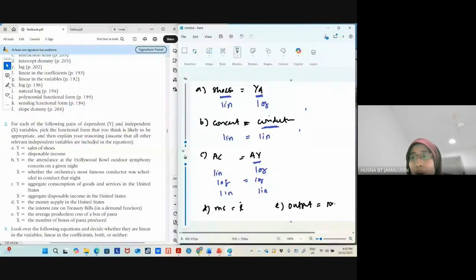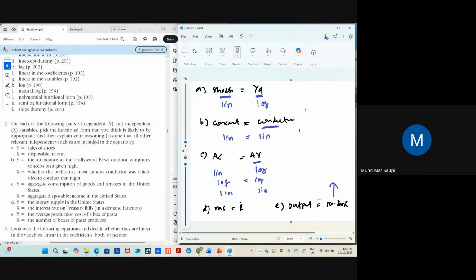Okay, what will be the functional form? What do you expect? The higher the number of boxes, the higher the cost, or the lower the cost? The more boxes you produce, what happens to your cost if you are a company? The higher the cost.